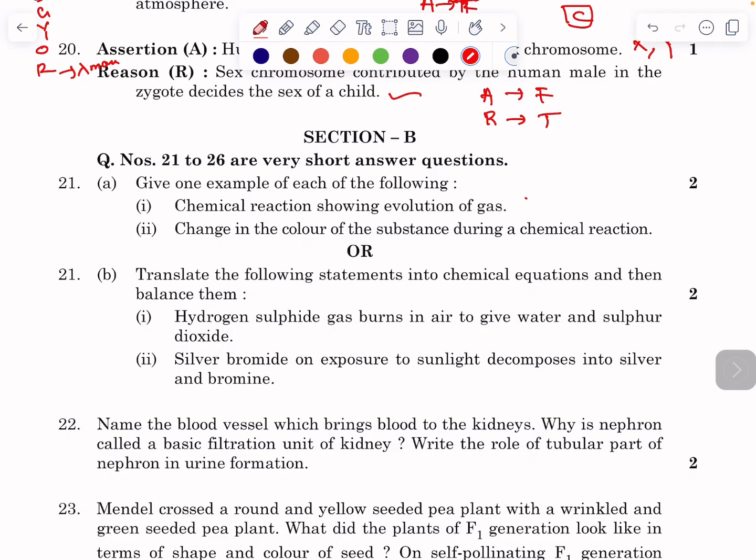Give one example of each of the following. Chemical reaction showing evolution of gas, and change in color of the substance during a chemical reaction. Yes, you can write: when zinc reacts with HCl, you get zinc chloride and hydrogen gas. Liberation of hydrogen gas takes place.